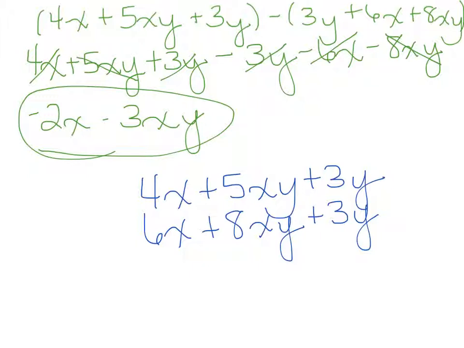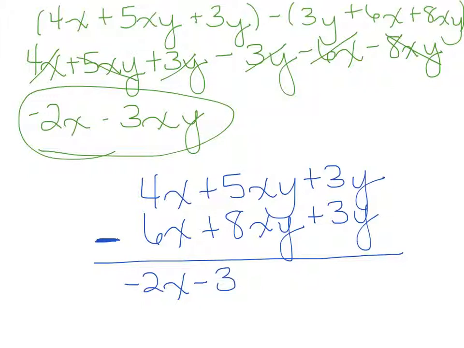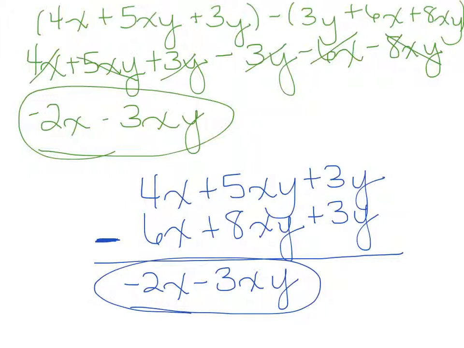Okay, now we need to draw a line underneath, and remember we are subtracting. Okay, so like terms, 4x minus 6x, negative 2x. 5xy minus 8xy is negative 3xy. And 3y minus 3y is 0. So we're going to leave that blank. And again, we get the same answer in the vertical method.